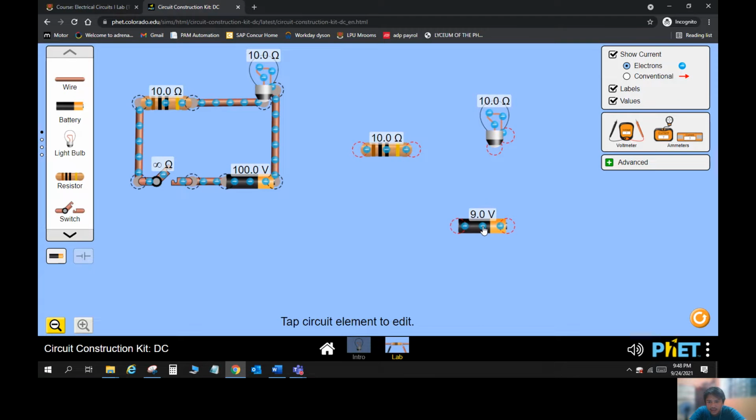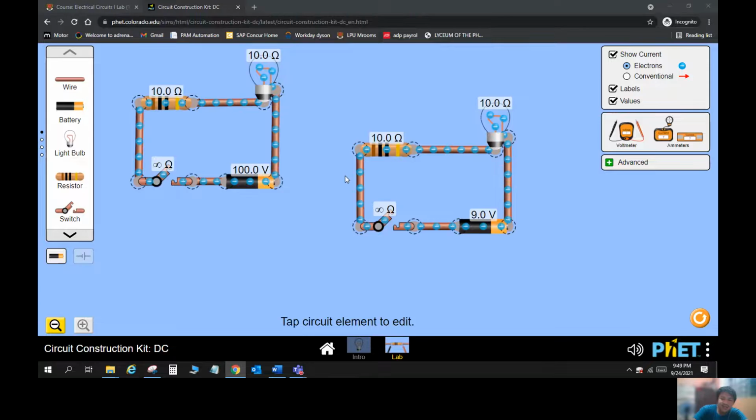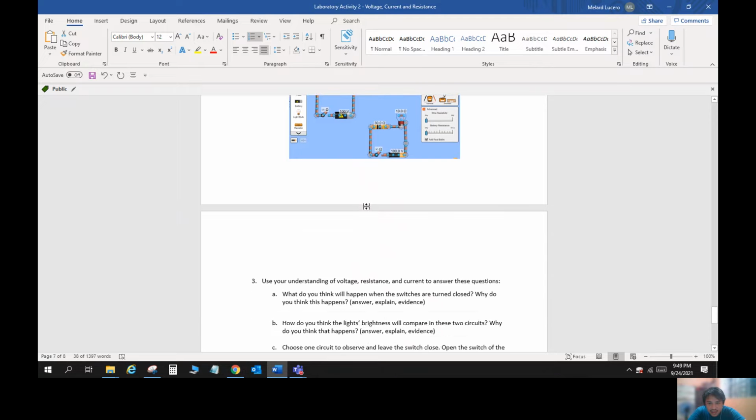Okay, battery. Then switch. Okay, so connection. Then another wire. Complete the circuit. Okay, kompleto na. So same na siya.